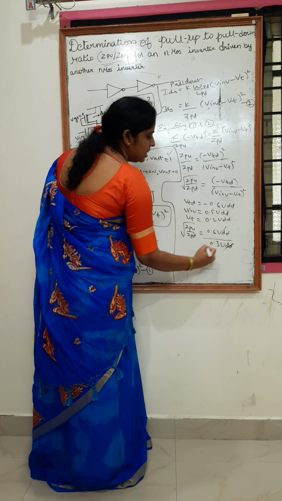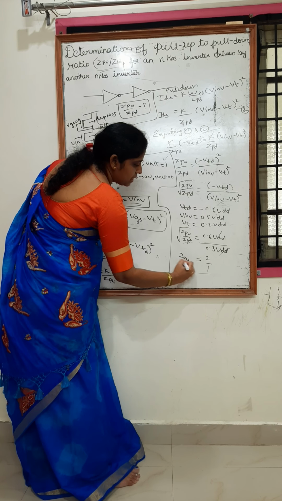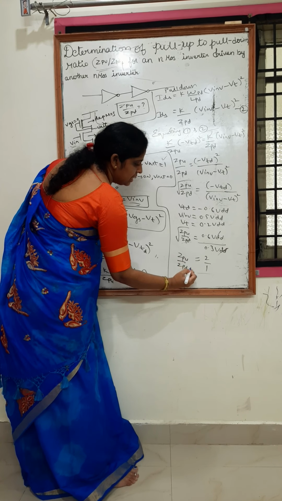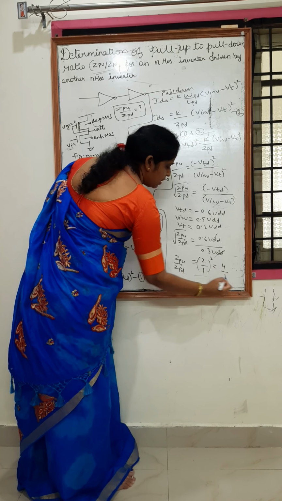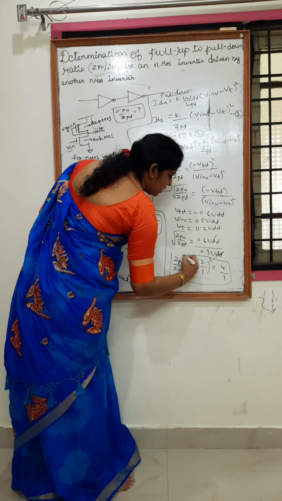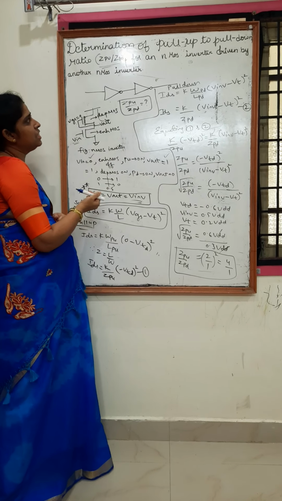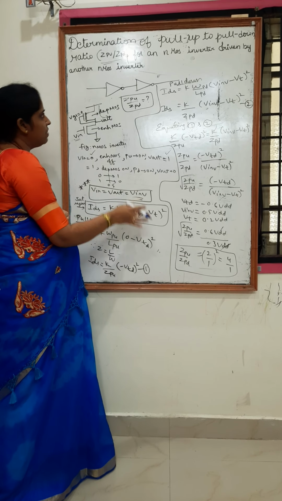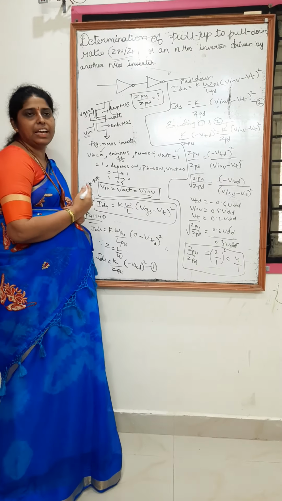VDD gets cancelled and it is 2 by 1. If I square both sides, the root gets cancelled and this becomes 4 by 1. So the answer is that the pull-up to pull-down ratio of one inverter driven by another NMOS inverter is 4 by 1. Thank you one and all.